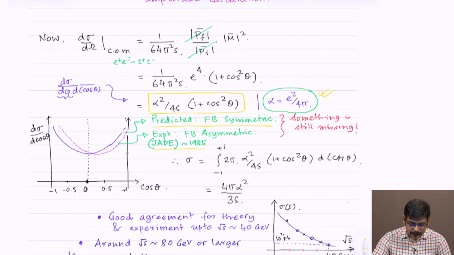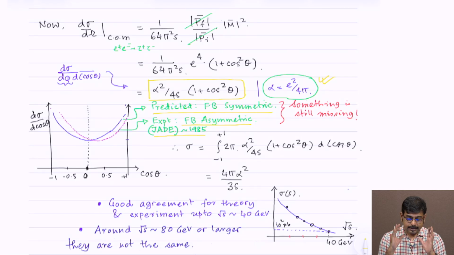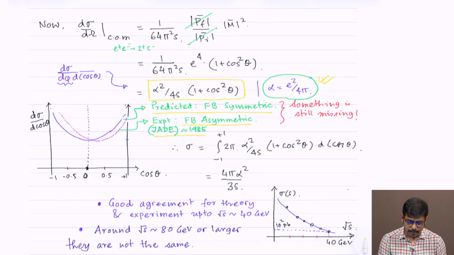They saw a bit of backward asymmetry in this distribution, which we couldn't see from the calculation that we have done, in both the matrix element squared process and the helicity amplitude technique. So this raises the question: if the calculation is perfectly all right, is QED fine, or is there something more? The answer is yes, there are weak interactions which will also contribute and make this cross section forward-backward asymmetric.